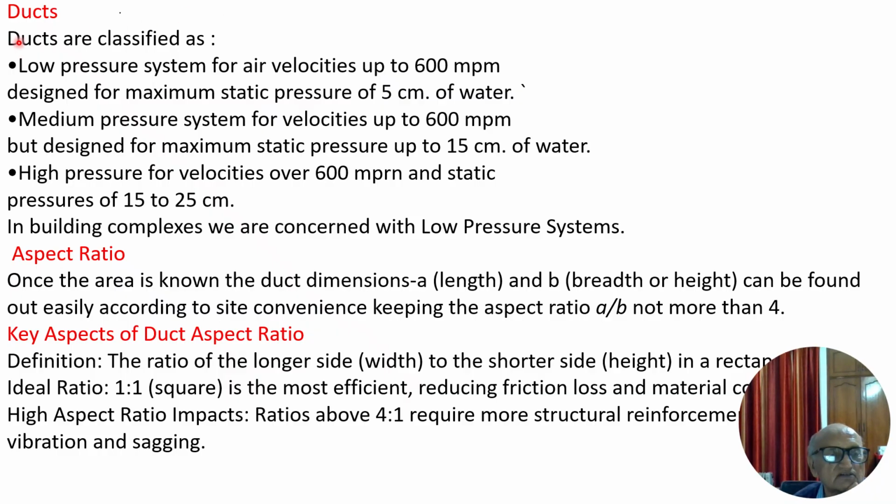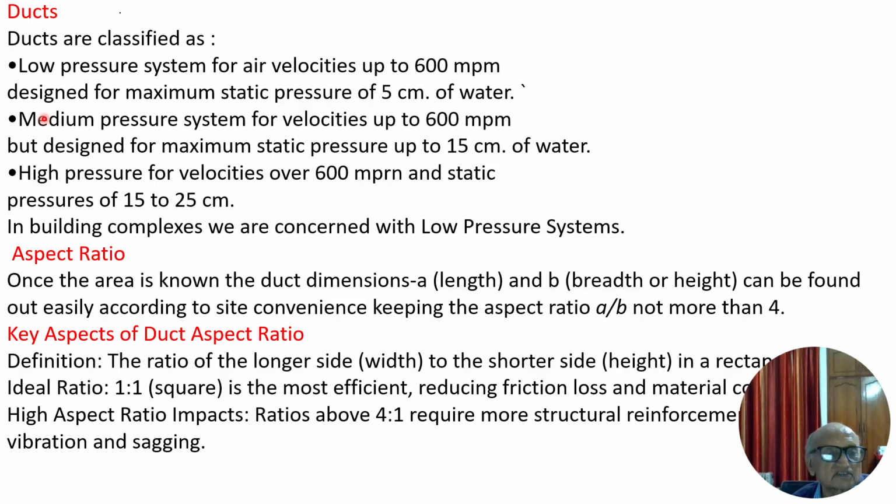Friends, we have already seen the duct classification. Let us revise them. Low pressure system is for air velocities up to 600 meter per minute, designed for maximum static pressure of 5 centimeter of water gauge.